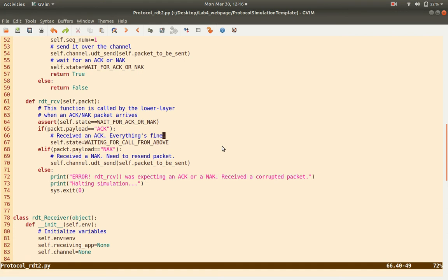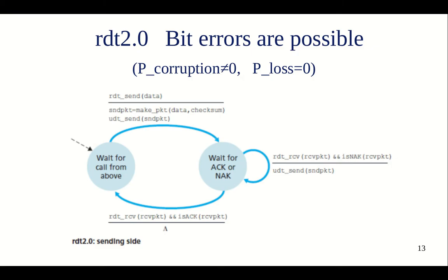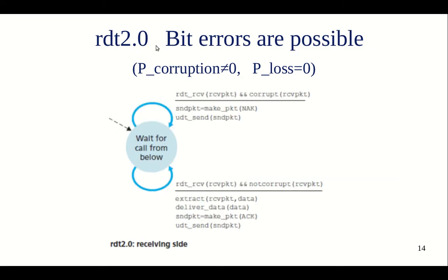Okay. So what is the receiver's behavior now? The receiver's behavior is this. It has just one state and it's waiting for a packet. And one of two things could happen. The packet could be corrupted or it could be not corrupted. So if the packet is corrupted, we have to send a NACK. If the packet is not corrupted, then we can extract the data, deliver it and so on and send an ACK.